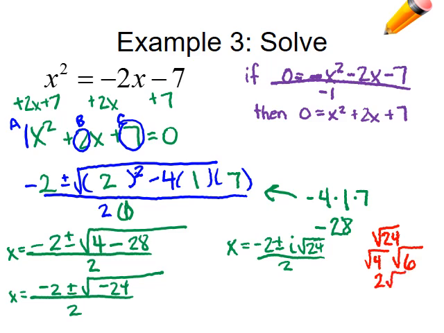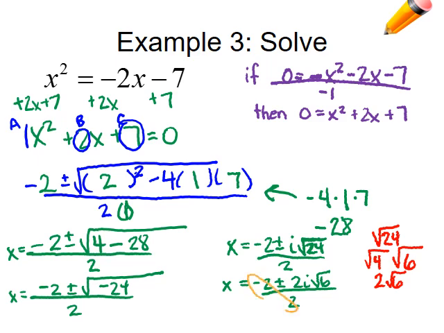Square root of 4 equals 2. 6 is bad, or not a perfect square. So if I rewrite, I now have negative 2 plus or minus 2i radical 6 over 2. So I replaced that radical 24 with the 2 radical 6.